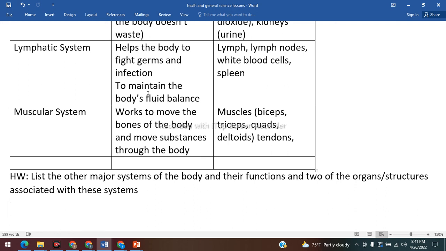What is the function of the reproductive system? To produce offspring. Very good. And organs of the reproductive system would be what? The ovaries, the uterus, the fallopian tubes, that's in females, the testes, the prostate. Very good. Anyone else who did the homework want to give us their system that we did not mention?